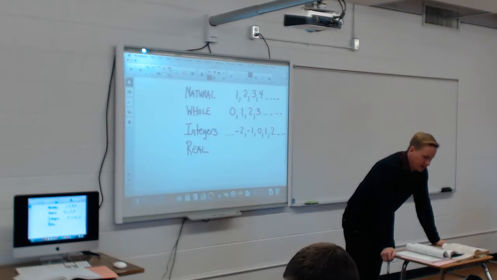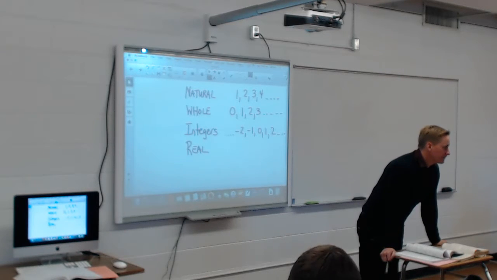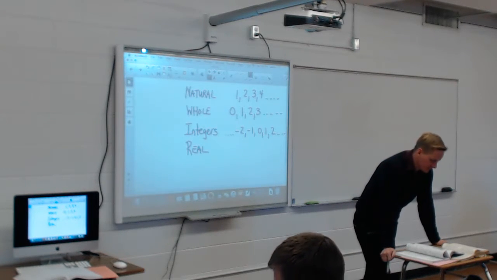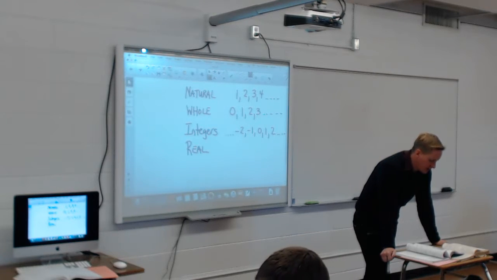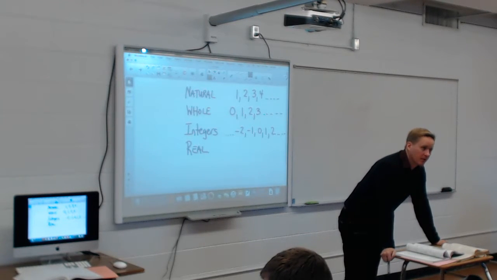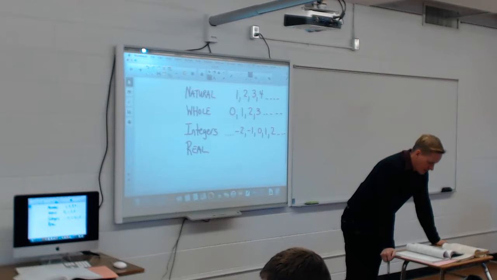So you'll see the real number system is the largest. That includes all rationals. Rational numbers are integers, natural, whole, right? And rational numbers that can be put in the form of decimals: terminating decimals or repeating decimals.